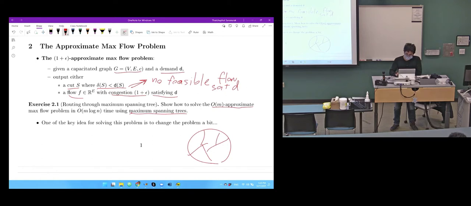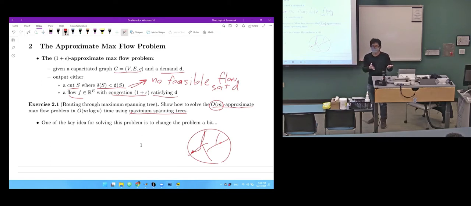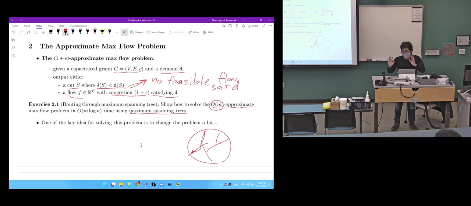Then when you have some demand, you just ignore everything else and route through the tree. There is just a unique way to route the demand in the tree, and this will give you M approximation. Maybe we discuss this in the exercise session, but you can think about it too. It is similar to why a maximum spanning tree is a flow sparsifier of any graph with quality M. But anyway, if you want a very bad approximation, you can do it.